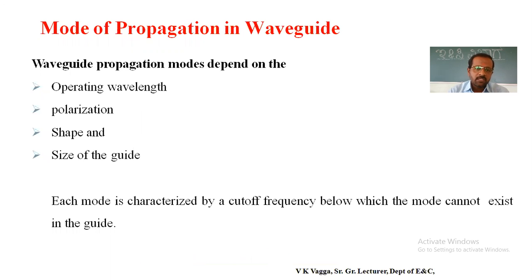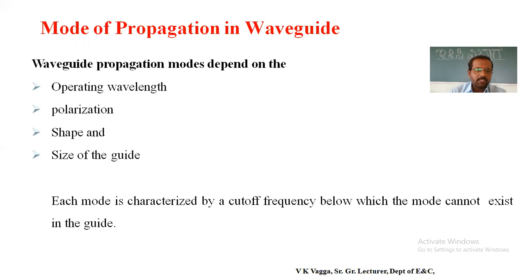The mode of propagation in the waveguide depends mainly on four factors. One is the operating wavelength of the waveguide, which defines what length of the waveguide is available.